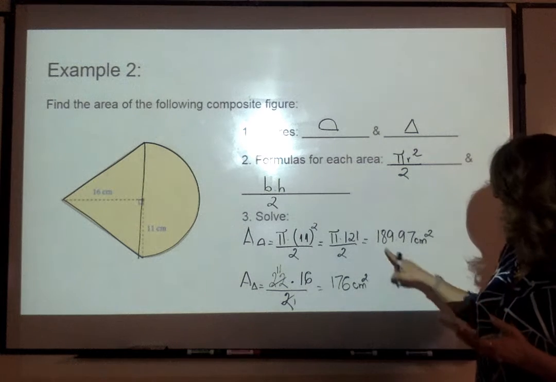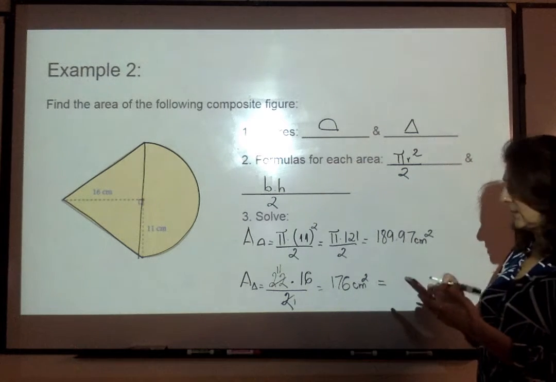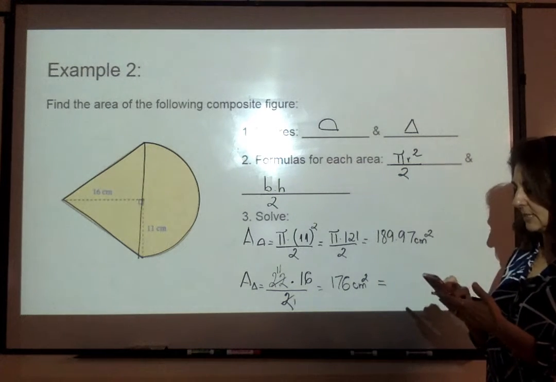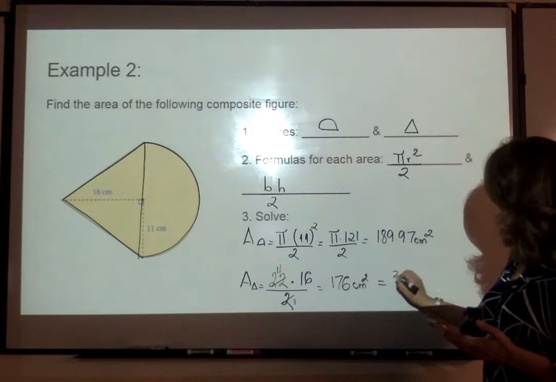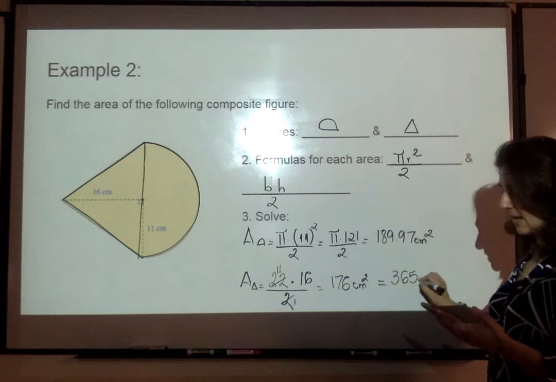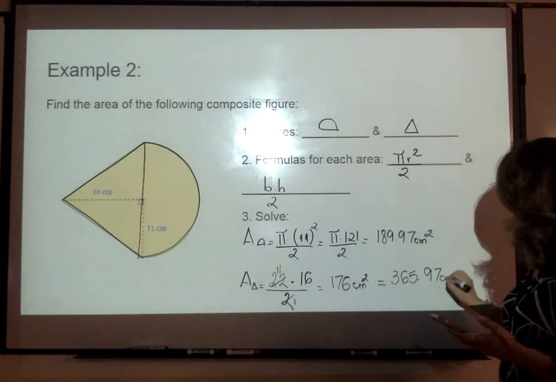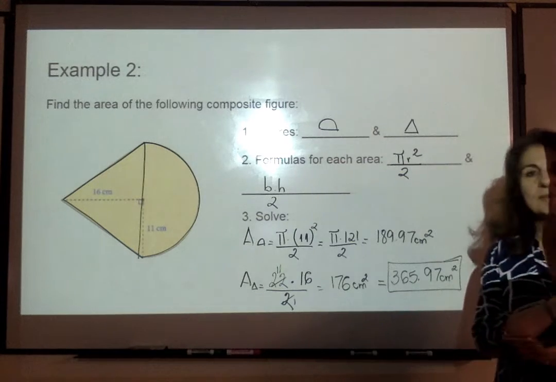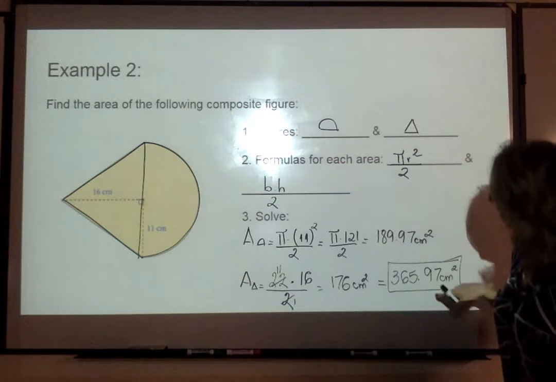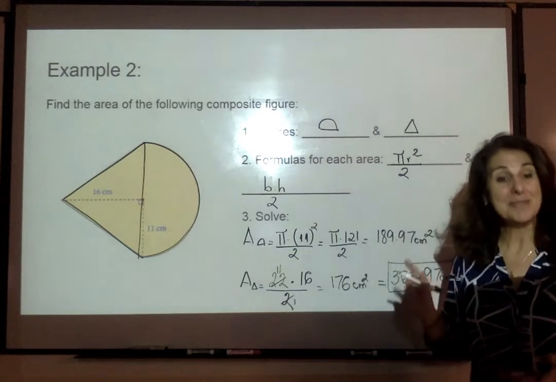So how much is this? It's going to be 176 plus 189.97, which gives me 365.97 centimeters squared. All right? If I didn't get any calculations wrong, this is the number. But this is how we do it.